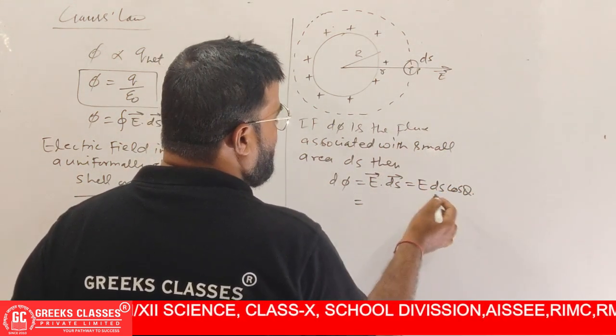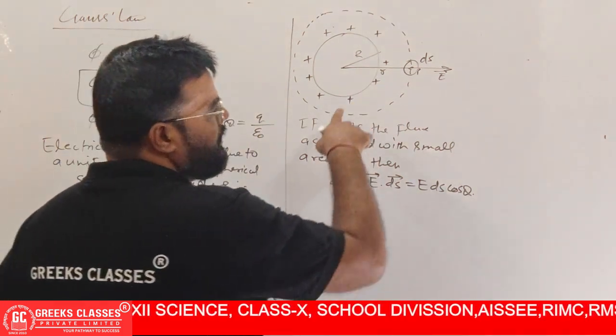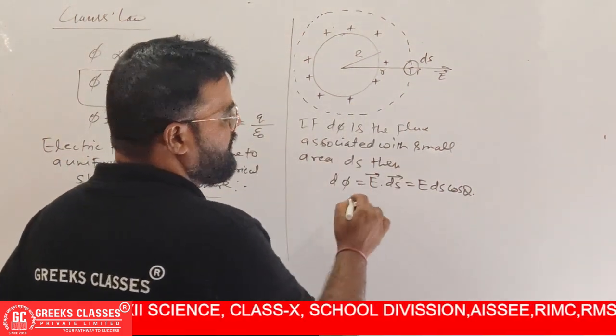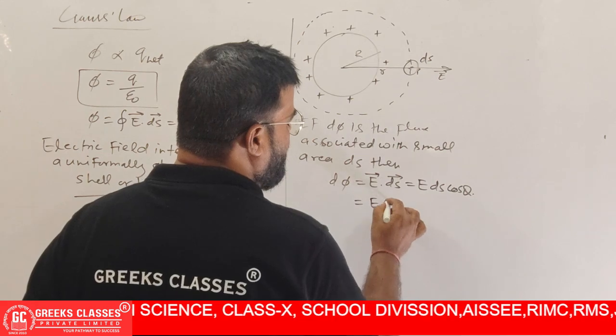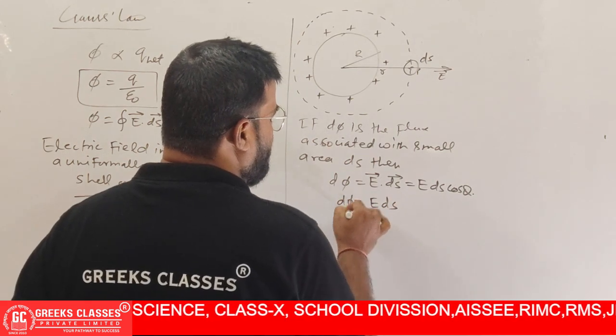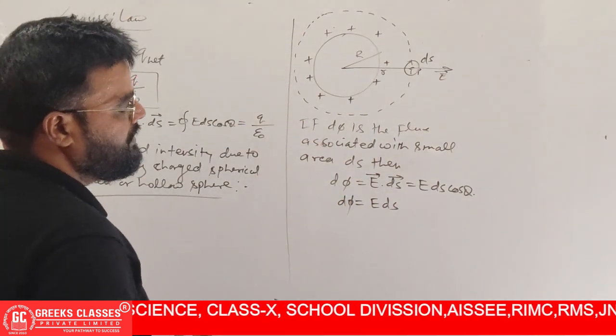Now see, what is theta here? Theta is 0, or you can say the direction of E and ds is the same, so I can write d phi equal to E ds.